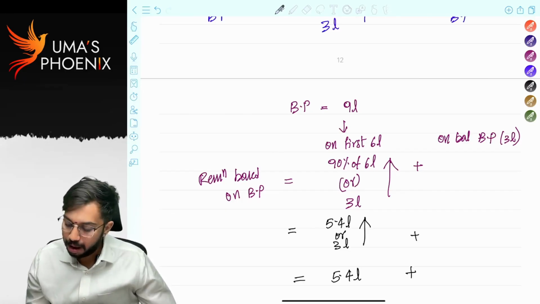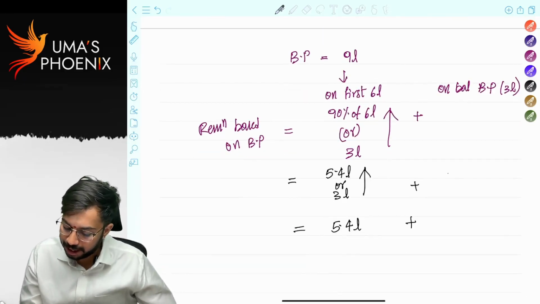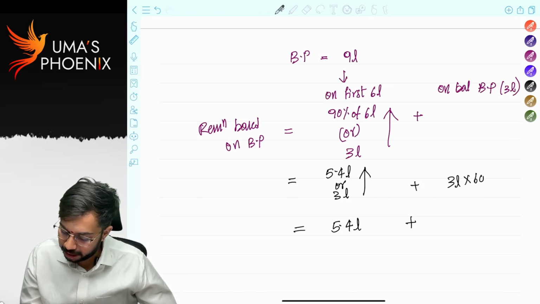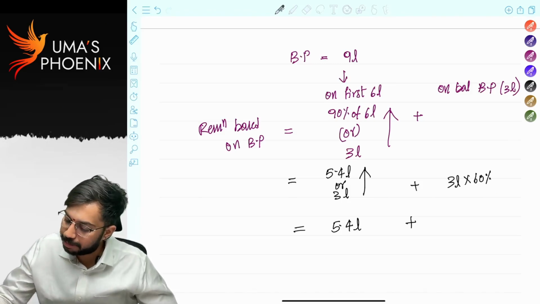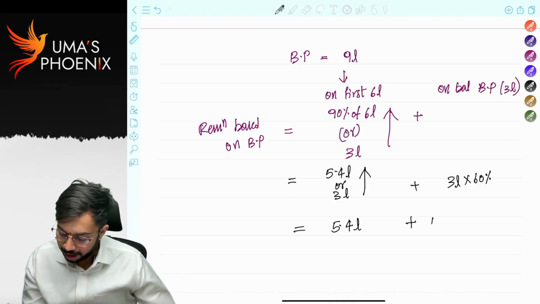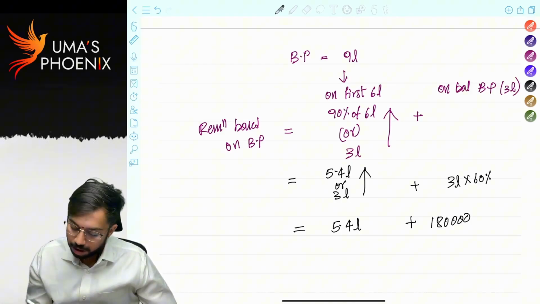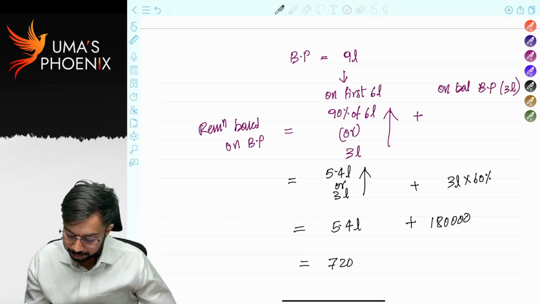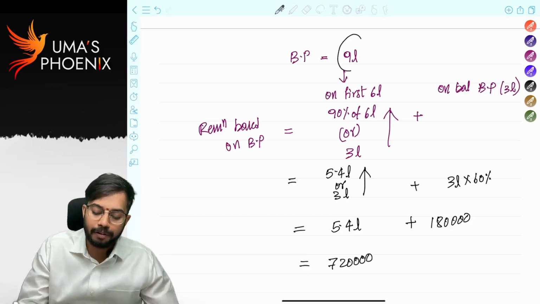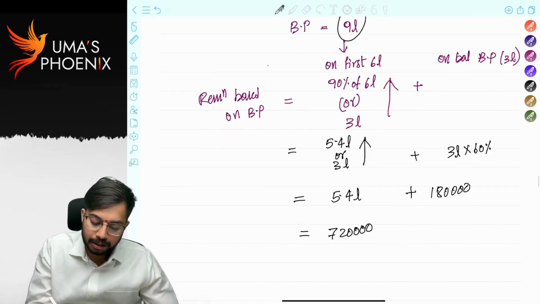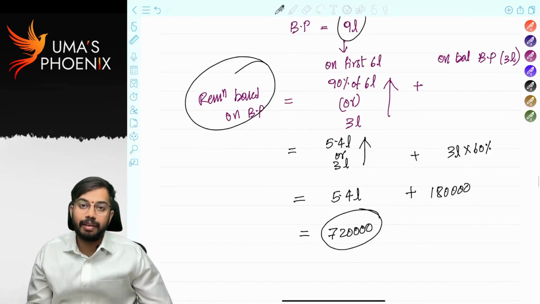Plus balance book profits are 3 lakhs, and 3 lakhs into 60% is 1,80,000. So in total 7,20,000. So if book profits are 9 lakhs, remuneration based on book profits is 7,20,000.